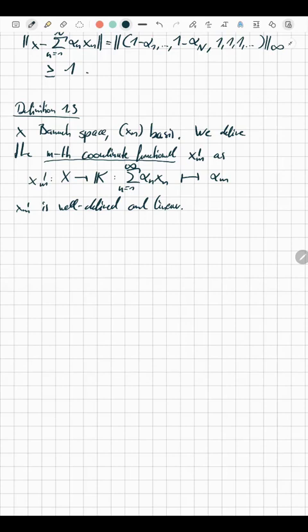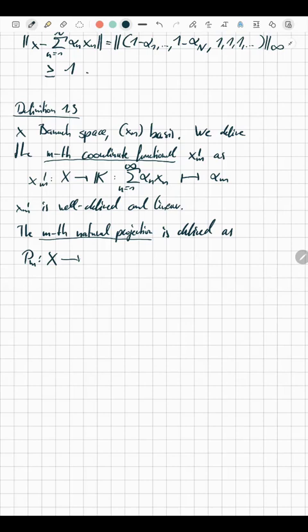And we will also introduce the mth natural projection as the following.